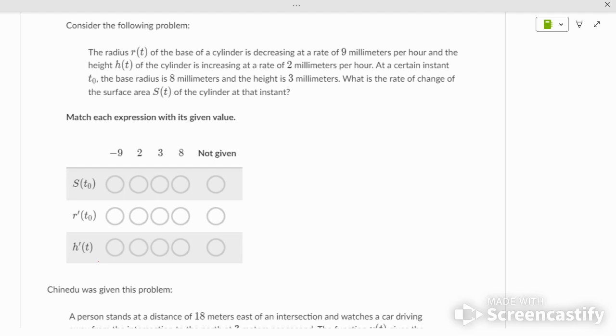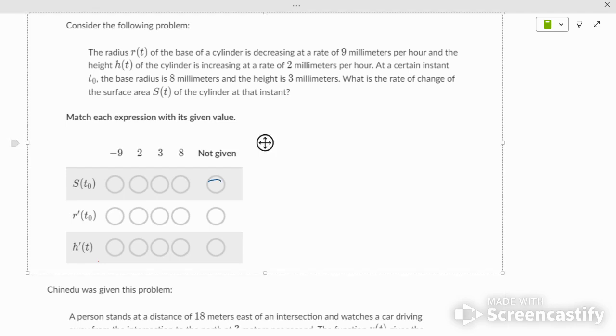So this is a surface area at time equals 0. Do we know the surface area at time equals 0? And the answer is no, it's none of these numbers that they gave us, so that is not given. This is the first derivative of the radius at time equals 0. The first derivative is the what? The rate of change.